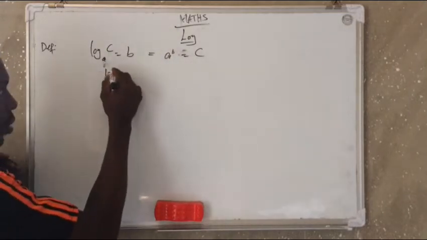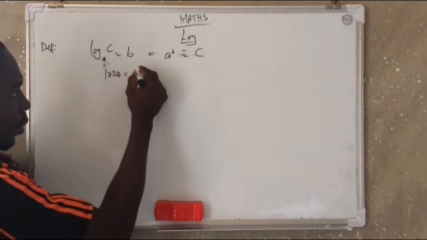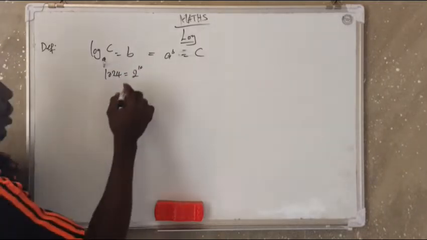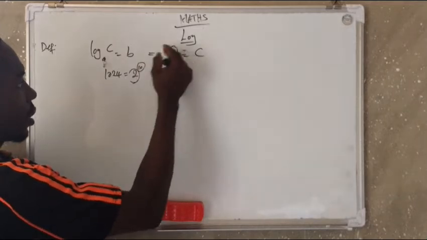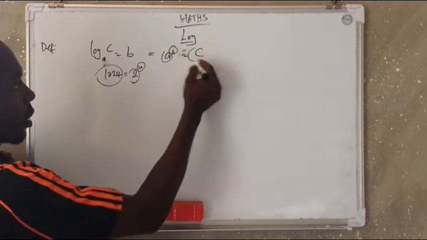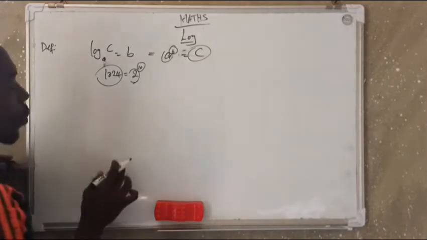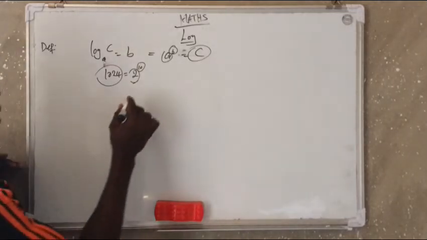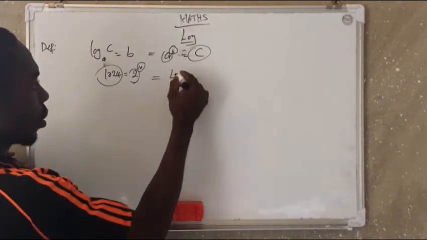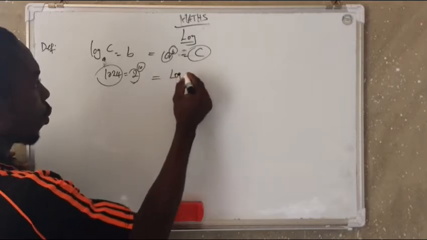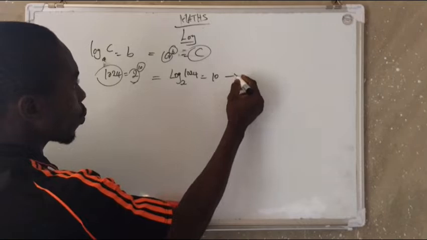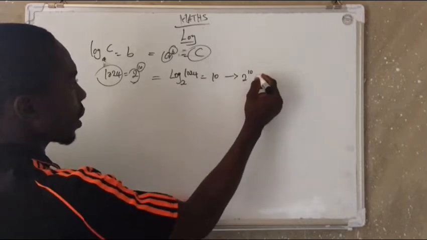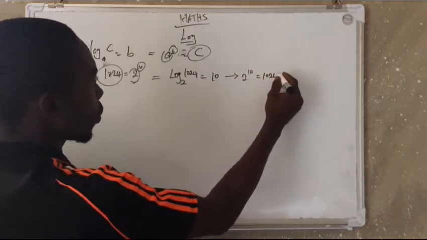Take for instance 1024, which is 2 raised to the power 10. Now, if we put it in the form of log, it will give us that log to the base 2 of 1024 is equal to 10, because when you raise 2 to the power 10, you have 1024.